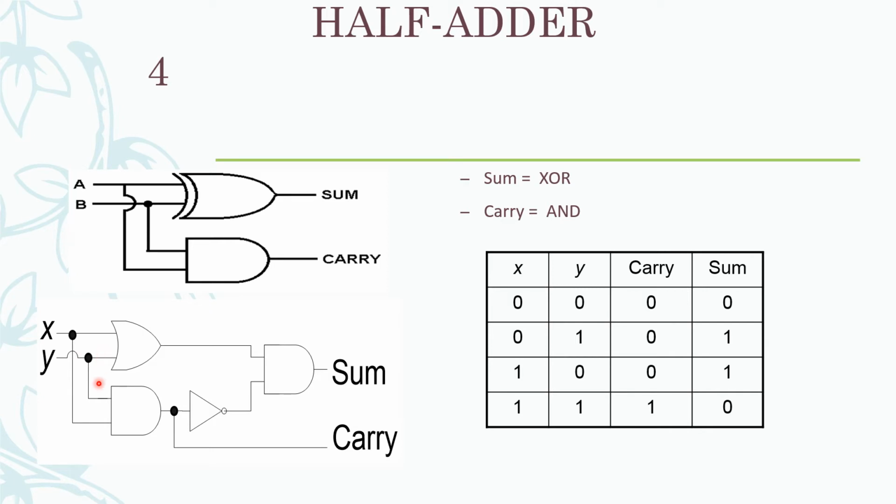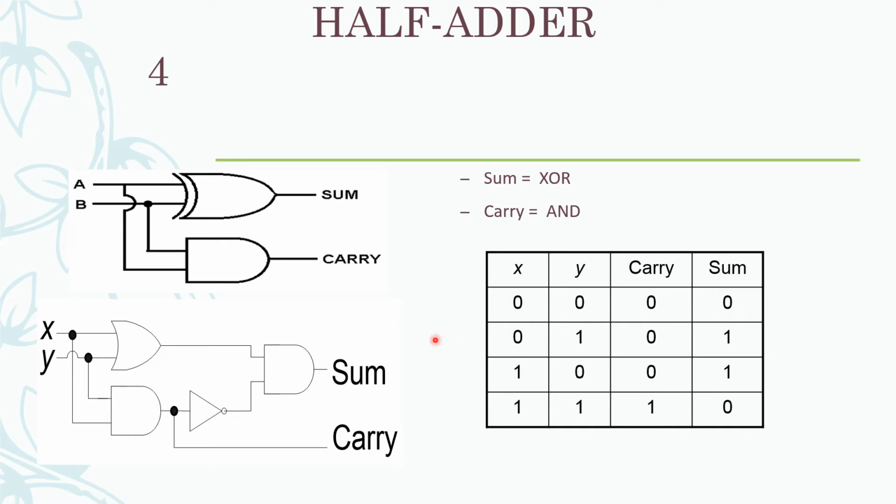Both the inputs are 0, x is 0, y is 0, so this will be 0, and when the input is 0, then ultimately the sum will be 0. Okay, this is about sum. Then x is 0, y is 0, AND will be 0, so the carry will be 0. So when both the inputs are 0, carry and sum will be 0.